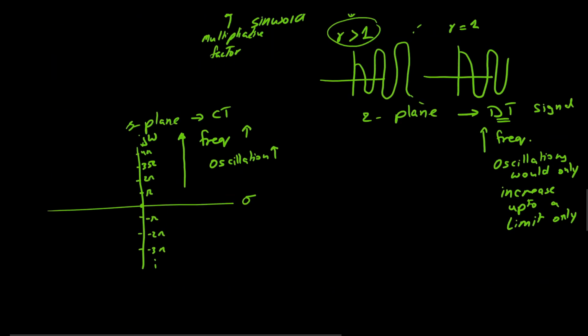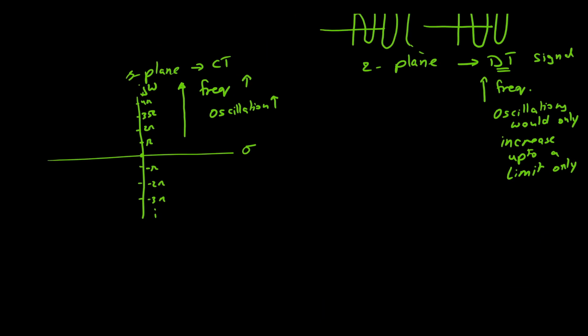So this means that for discrete time signals, whatever is between 0 to 2 pi would be the same from 2 pi to 4 pi, or from 0 to minus 2 pi, and so on. So we are only interested in the range from 0 to 2 pi, or from minus pi to pi.